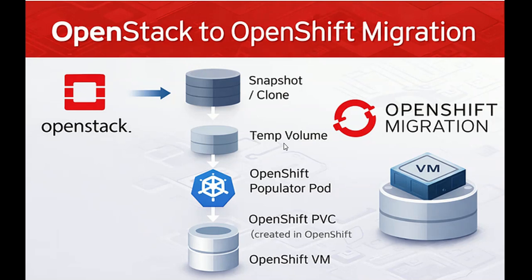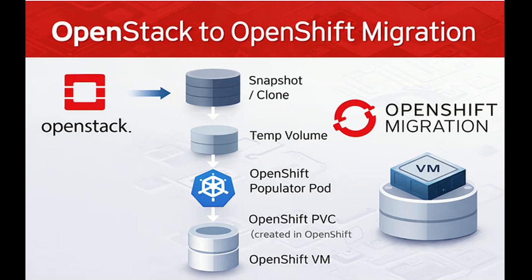Once that is created, it has to move from OpenStack to OpenShift, so we move that using a populator pod which gets created in the process. That populator pod will copy the OpenStack volume to OpenShift PVCs, and that will happen automatically by itself.